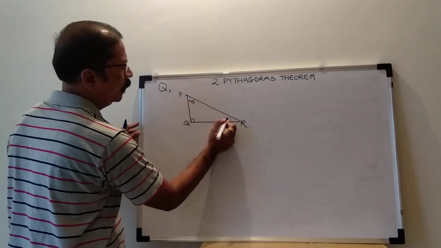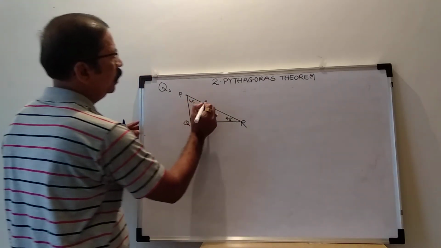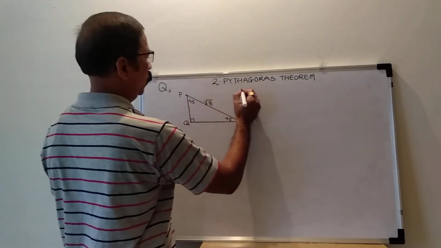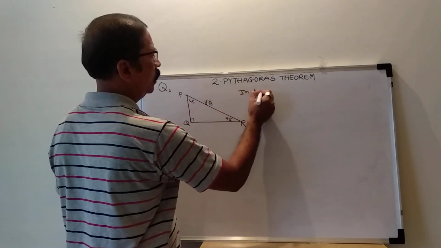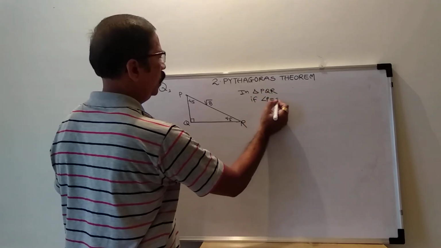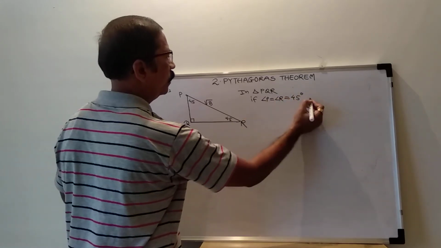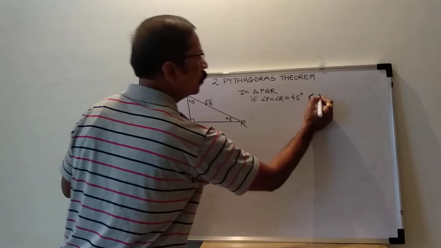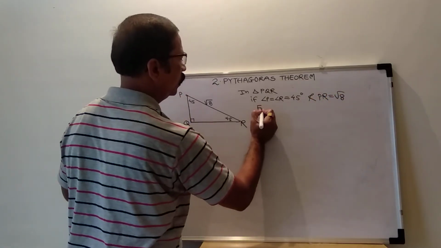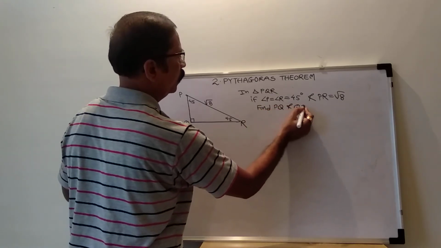Angles are 45, 45, 90 degrees, and the hypotenuse is root 8. The question is: in triangle PQR, if angle P is equal to angle R is equal to 45 degrees and PR is equal to root 8, find PQ and QR.